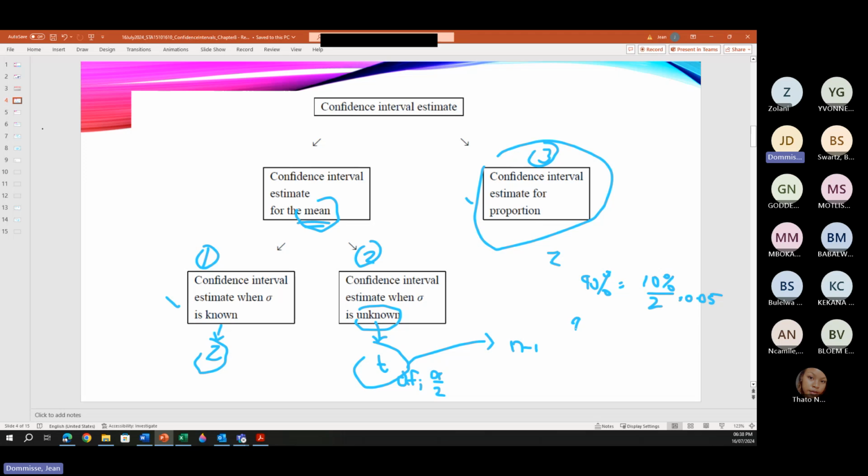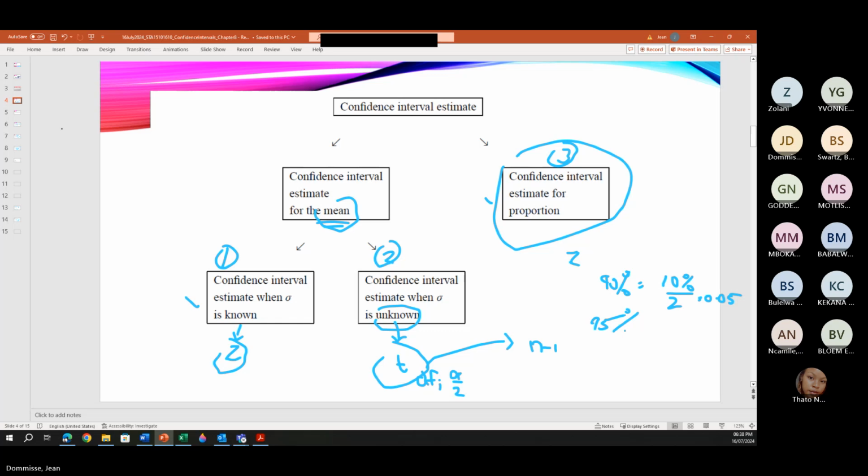When we have a 95%, it is the 5% divided by 2, which is 0.025, hope I'm now right with that.